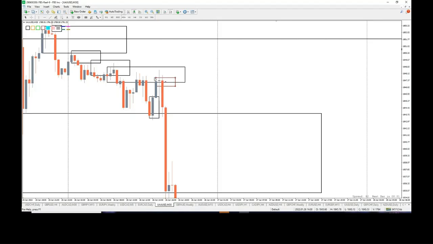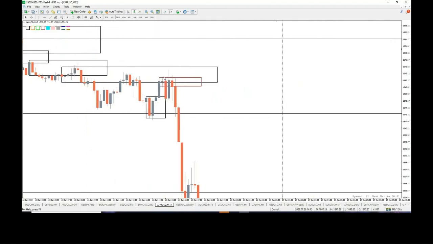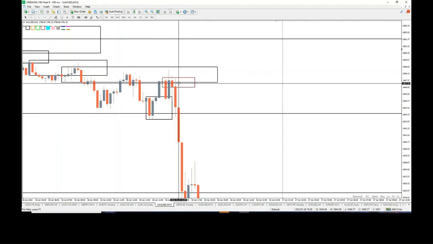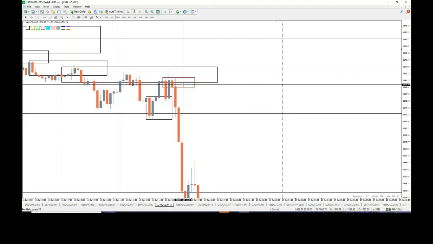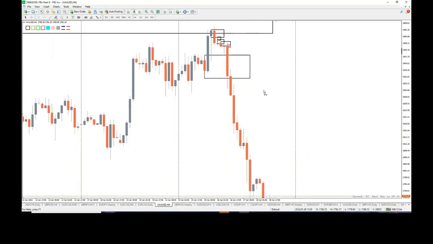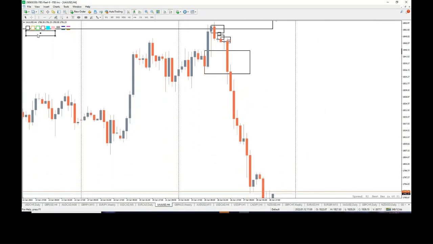Because there's a confirmation for reverse. So if you enter here, you have to TP your buy here because there's a confirmation for sell. See it? So you have to sell until the next H4 zone.